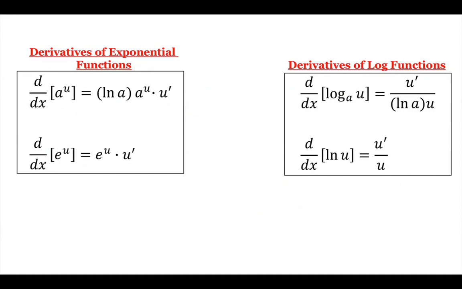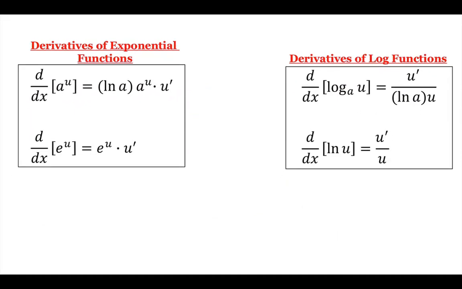So we have exponential functions here. How do I know if something's an exponential function? Is this an exponential function here? X cubed. Is that an exponential function there? No, it's polynomial, but it's got an exponent.